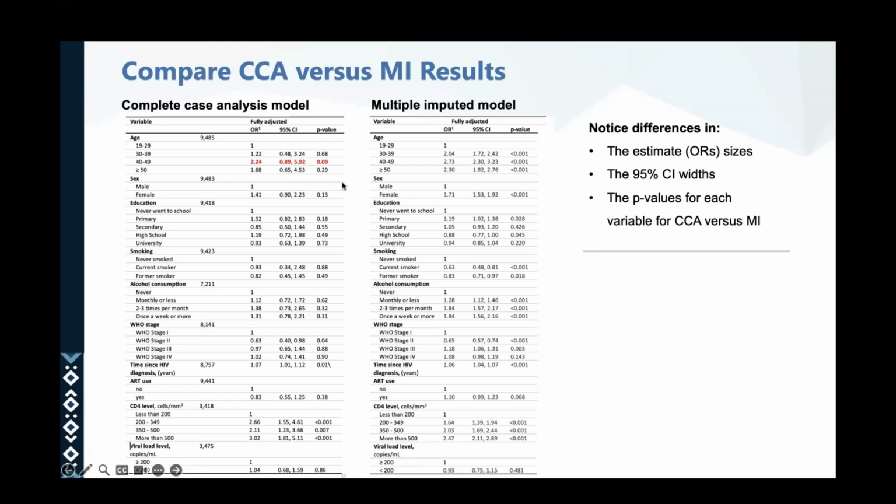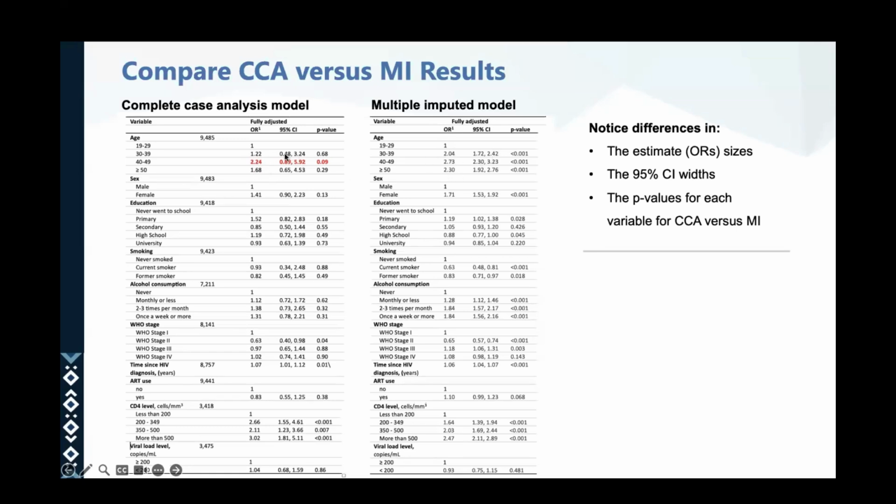Let's take, for example, age here. We look at the odds ratio here, 1.22 in the complete case analysis, and we compare that with the multiple imputed data. We notice that the odds ratio went up. Also notice that it changed for all the different categories of age.